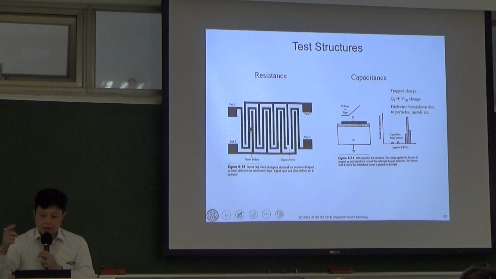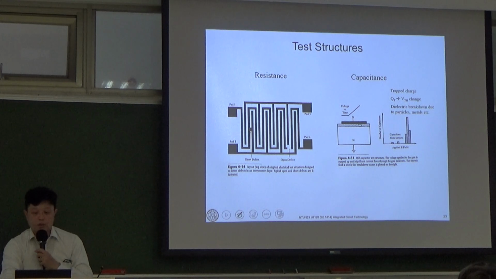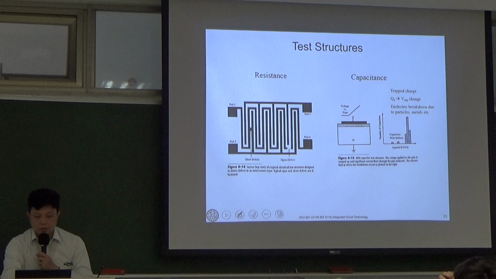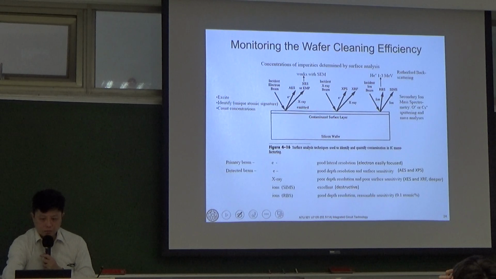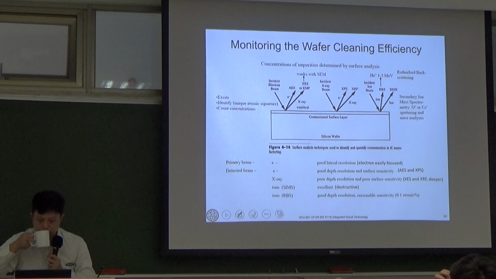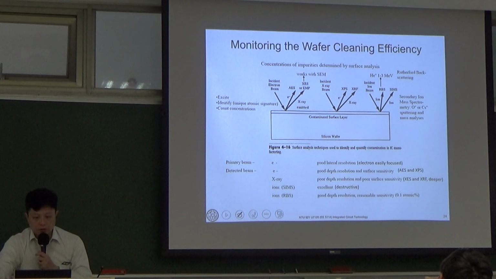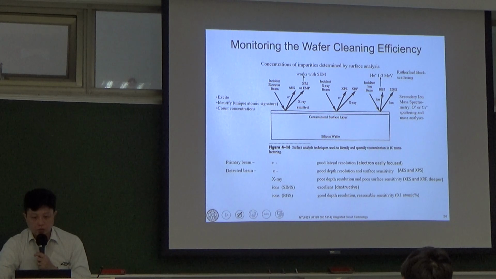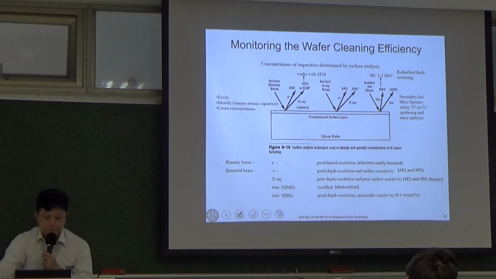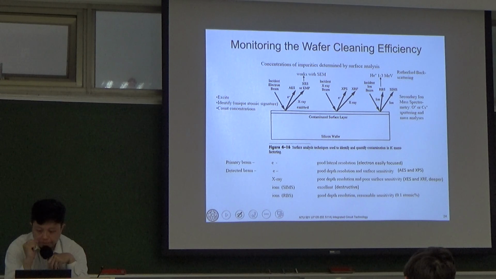So you can measure this IV or CV curve, and you can get to know the quality of this film. And here are some approaches that can help us to monitor how good your wafer surface quality is.